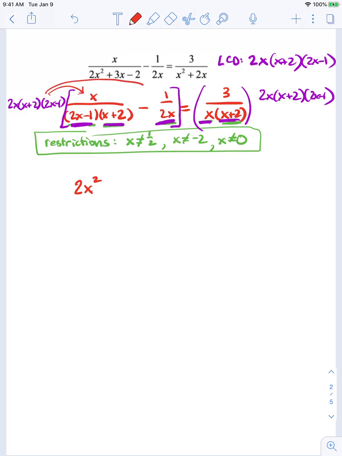Then I'm going to multiply the LCD times the second term, so I have the minus, the 2x's cancel out, and I'm left with x plus 2 times 2x minus 1. On the right side, the x cancels out, the x plus 2 cancels out, and I have 3 times 2 times 2x minus 1.